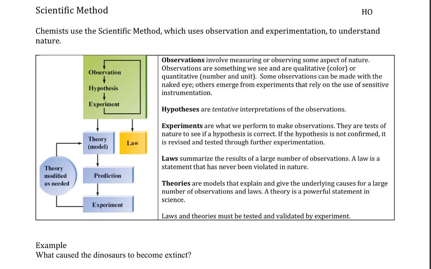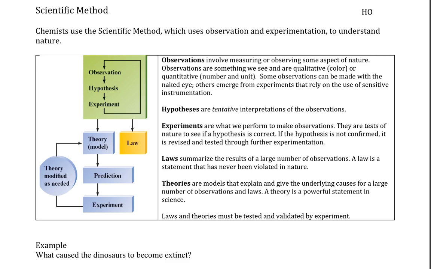And next would come experiments, so testing out our hypothesis. If our hypothesis seems to hold up through all the different experiments, then that hypothesis is graduated to a theory, which is our best description of what's going on.